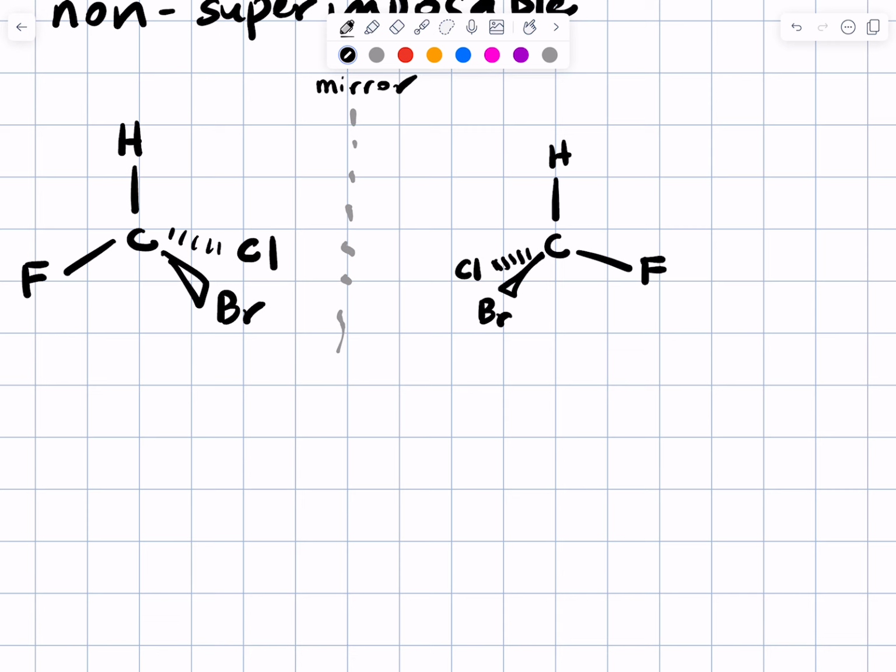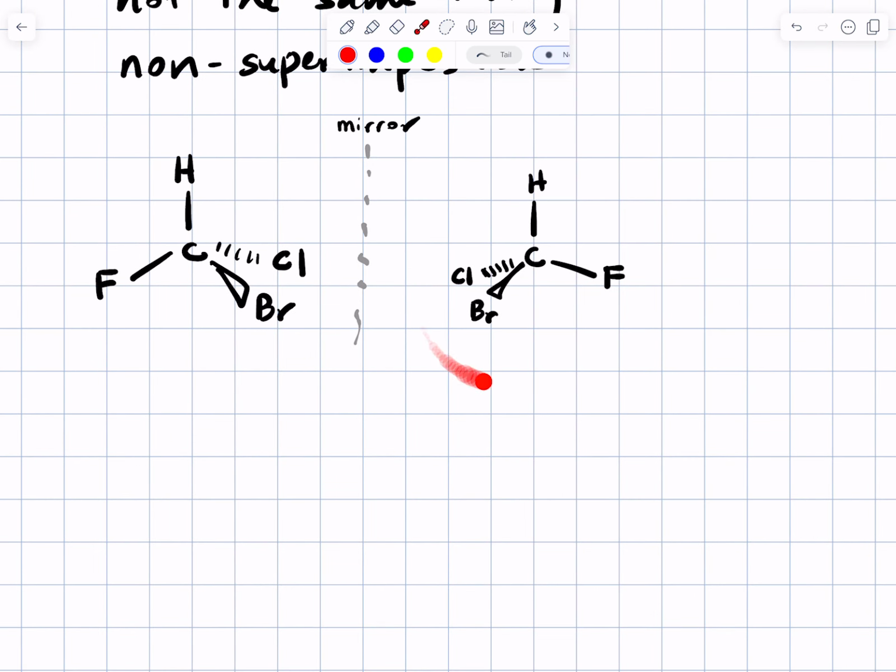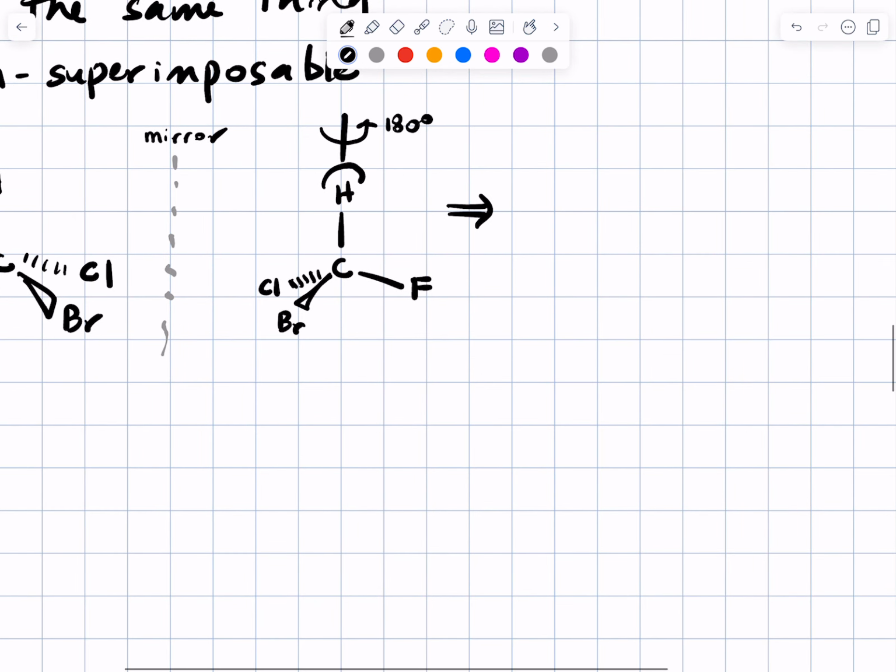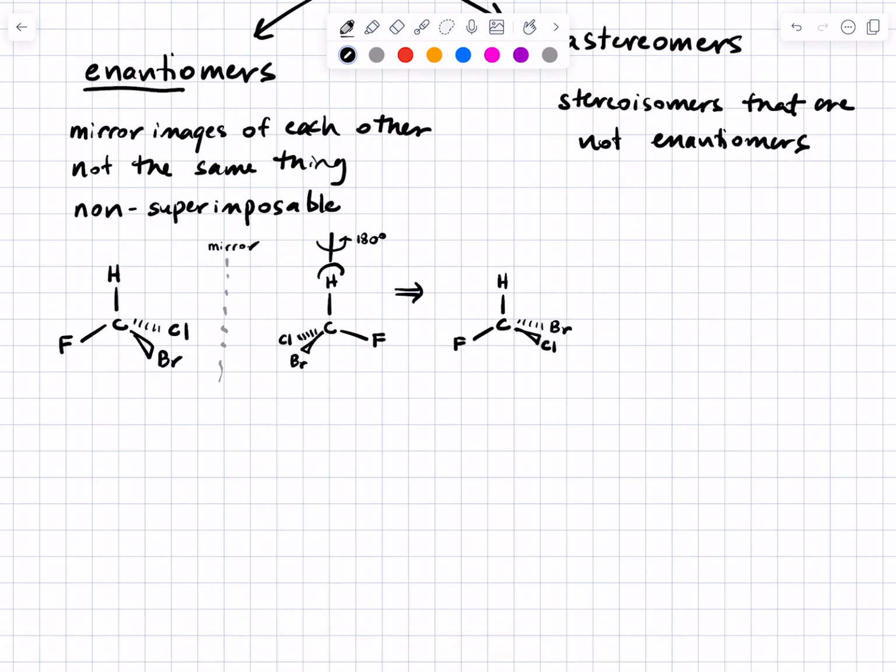Now, you can do this with a model set, but in your brain, you can try to develop the skills to do this on paper where you say, okay, let me just hold on to this hydrogen with a claw and then rotate around 180 degrees, and that will give me something that looks like this. Only because I've rotated it 180 degrees, the chloro should now be in the front and the bromo should be in the back.